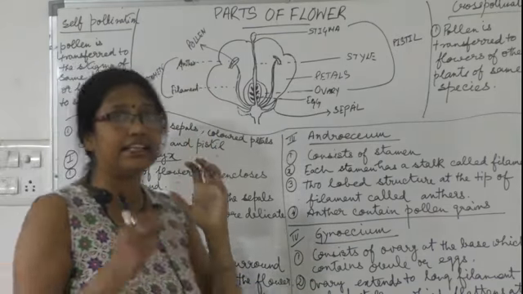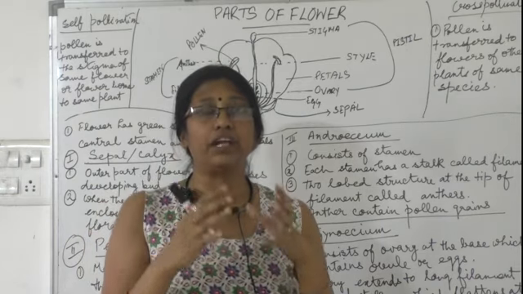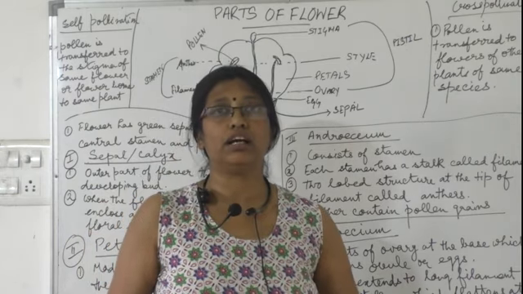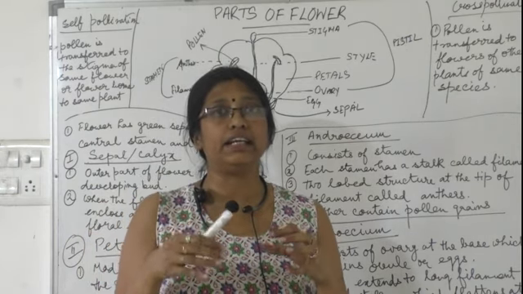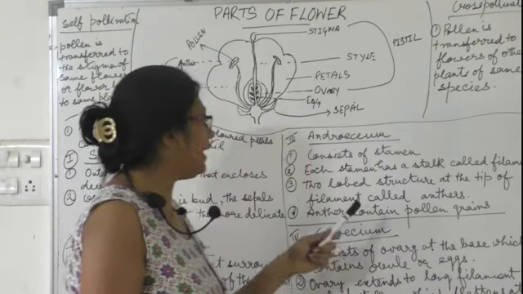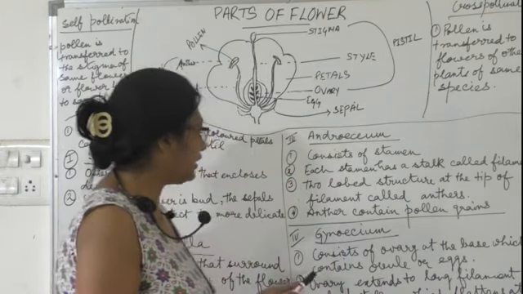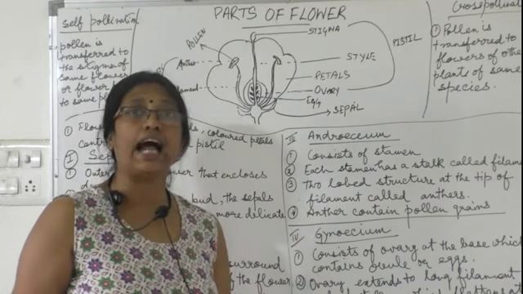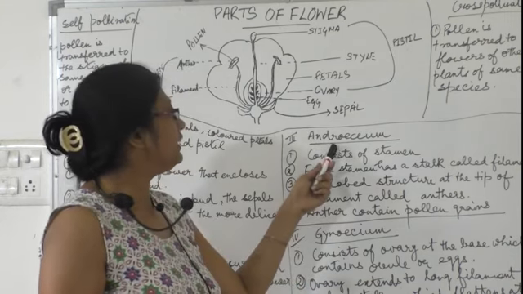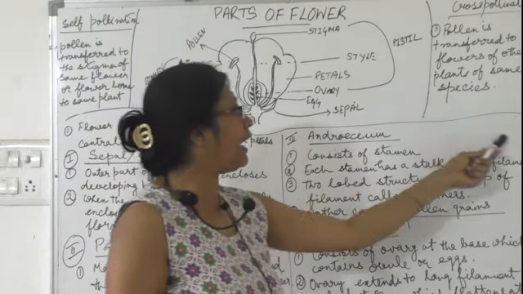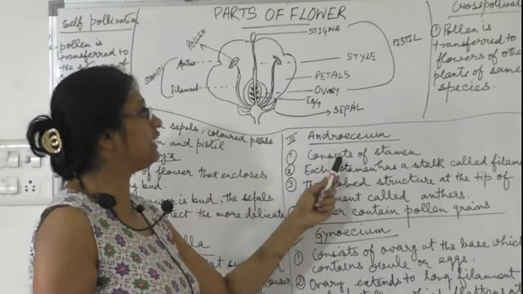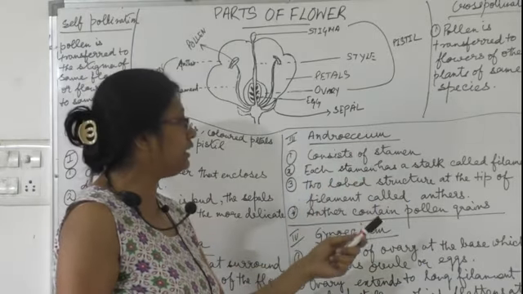Anther is containing the pollen grains, the male parts of the plant. It is containing the pollen grains, the main part of the male part of the plant. This is androecium, the male part. What I have told is that it consists of stamen.